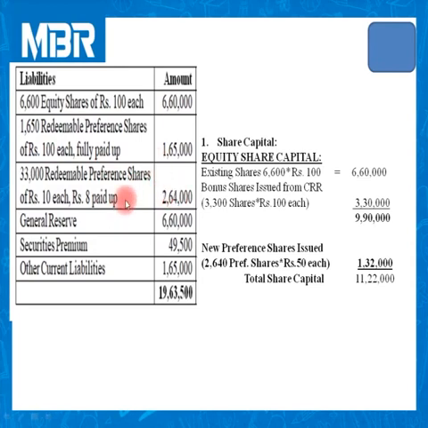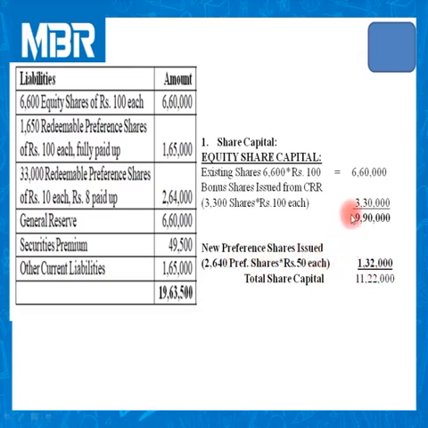But for the purpose of redemption, the company has issued 2,640 new preference shares of rupees 50 each. For your reference, you can check step number 3, new issue. In this way, the company has collected rupees 1,32,000 for new preference share capital.